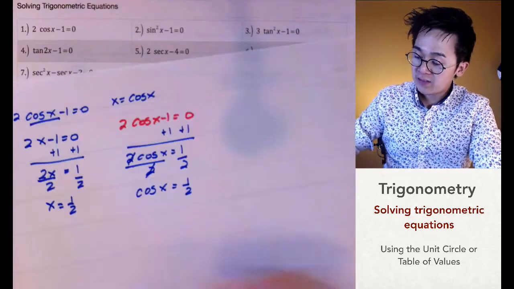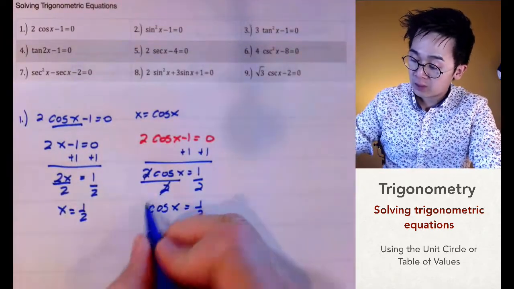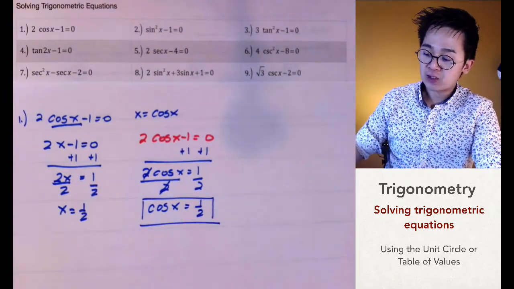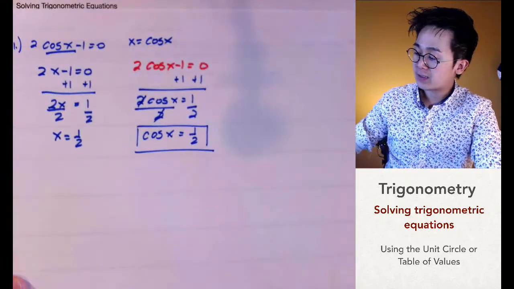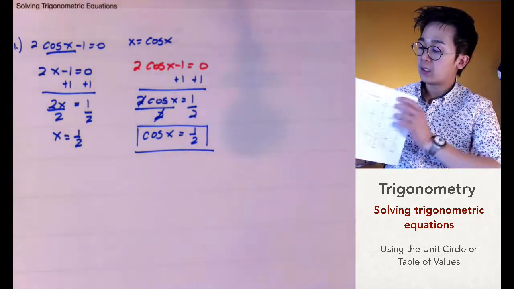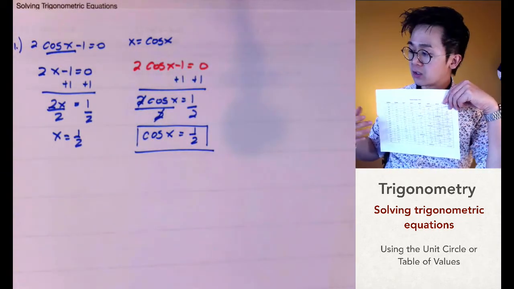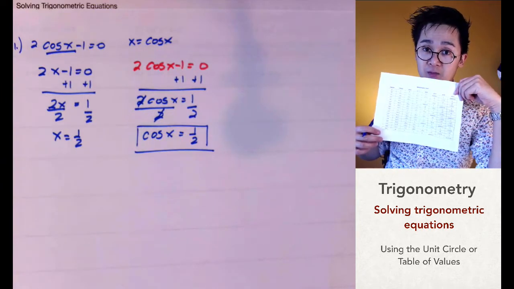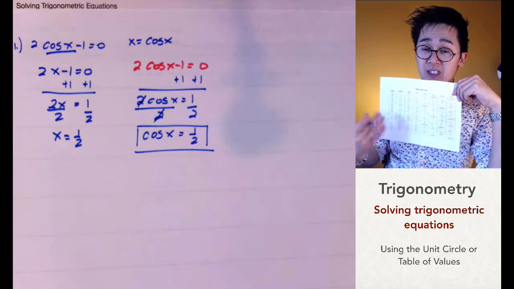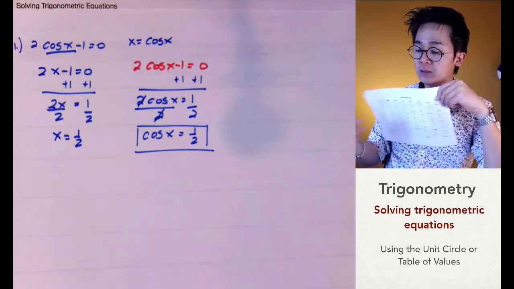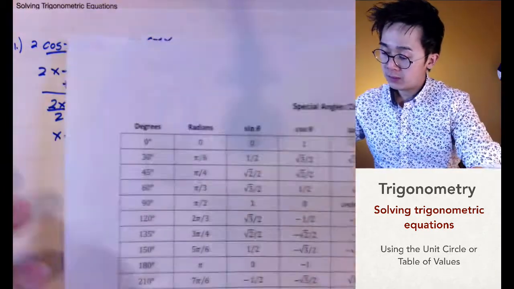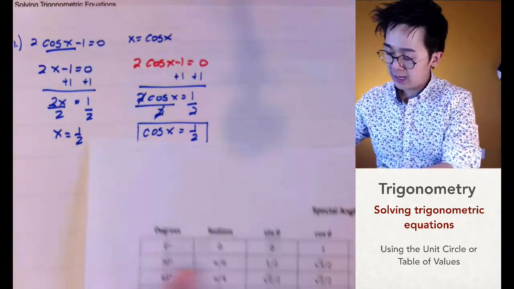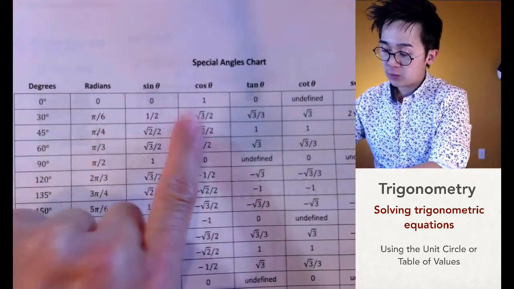This is the value of cosine x in our equation, but we are not finished yet, because after finding the value of cosine x, we're going to use our table of values or the unit circle to find all the values where cosine x is equal to 1/2, so we can find the value of x, which is basically the angle in the unit circle. In your table of values, we have sine, cosine, tangent.